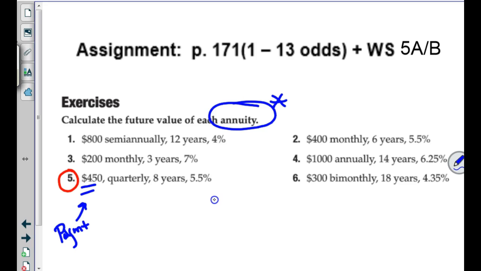Okay. So we are going to have, it starts with N. What is N going to be for this question? Quarterly for 8 years. Yes, so 4 for quarterly times 8, or 32. I is going to be 5.5.